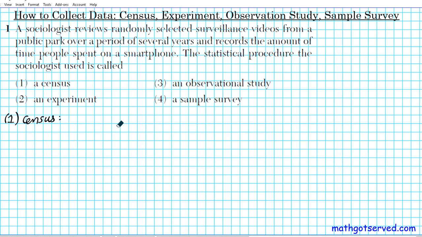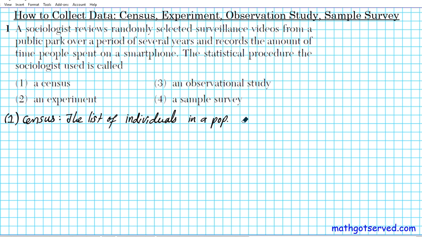A census is simply the list of individuals in a population, along with their characteristics like their age or gender, for example.